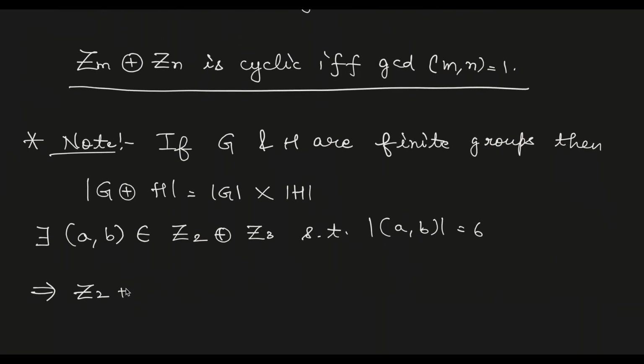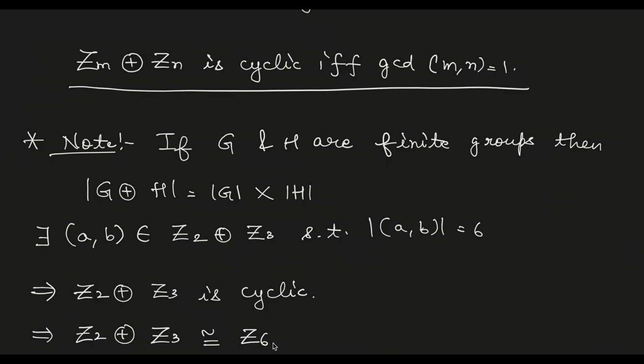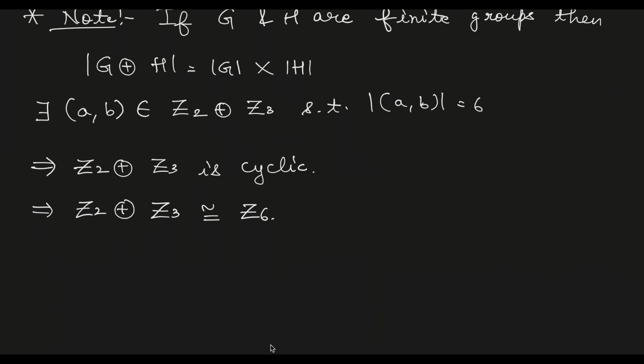Z2 direct sum with Z3 is cyclic, and we have already discussed that if G is a finite cyclic group of order n, then it is isomorphic to Zn. So here Z2 direct sum with Z3 will be isomorphic to Z6. In the paper, they may give some options and ask which is isomorphic to which, so you should know how to apply these results.